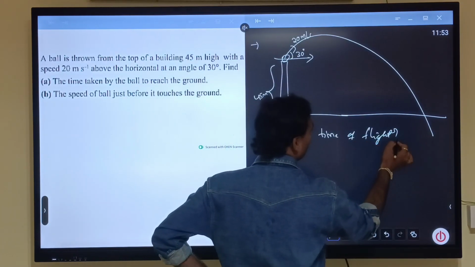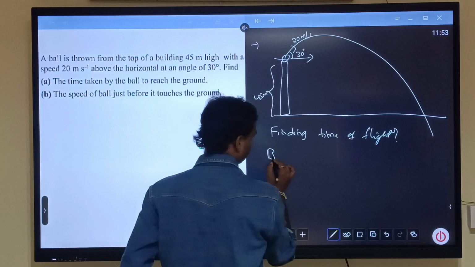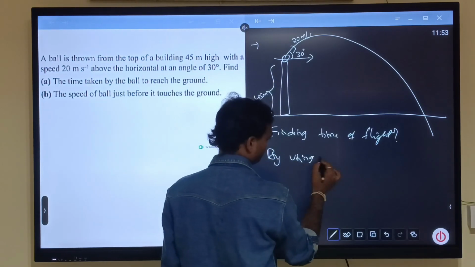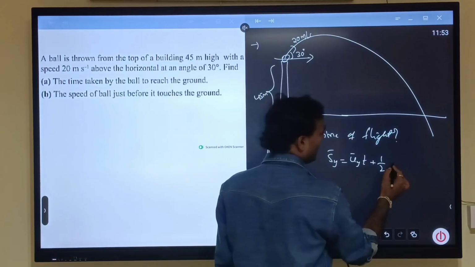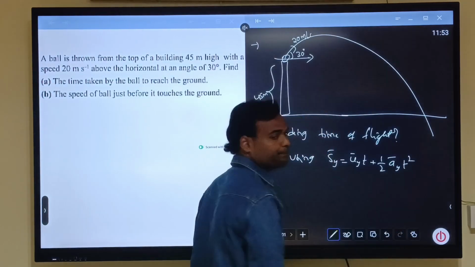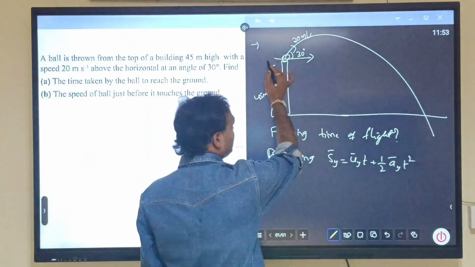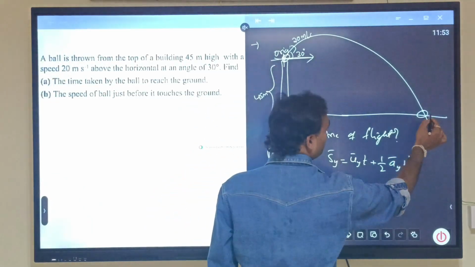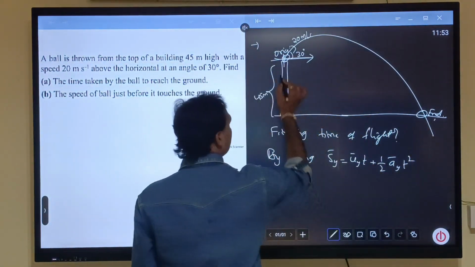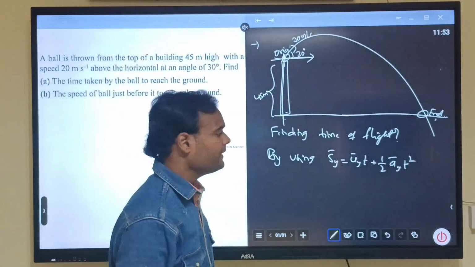How can I find the time of flight? By using Sy equals uy t plus half a y t square, right? Then the displacement: this is the origin, the initial point, this is the end point, and this is the displacement on the y-axis.